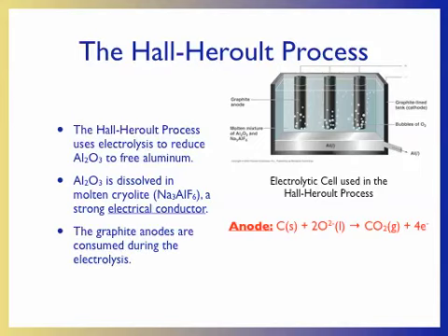The carbon in the graphite is oxidized to the +4 oxidation state in carbon dioxide. At the cathodes, aluminum 3+ from the aluminum oxide is reduced to liquid aluminum. This liquid aluminum settles to the bottom of the electrochemical cell and can be siphoned off and cooled to form metallic aluminum.